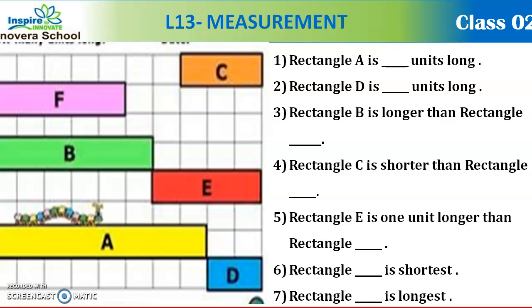Rectangle A is in a yellow color. Now we'll see how many blocks are covered by rectangle A. We'll count: 1, 2, 3, 4, 5, 6, 7 and 8.